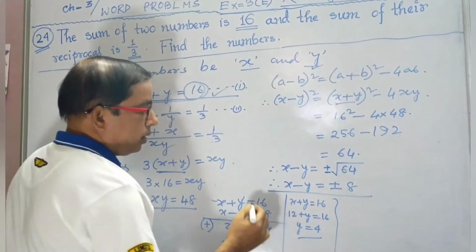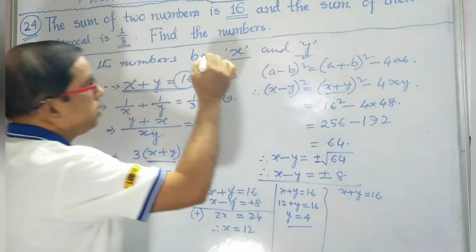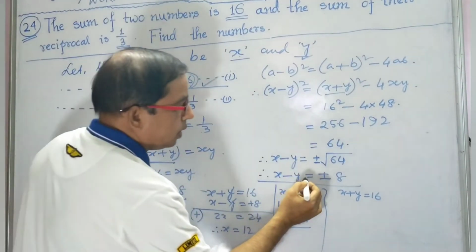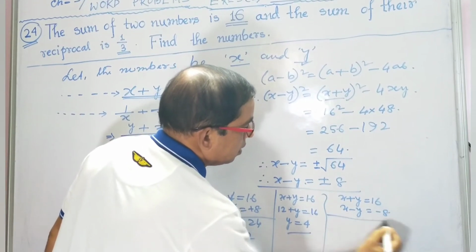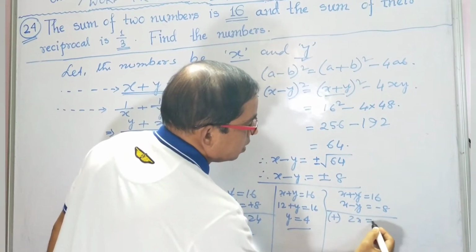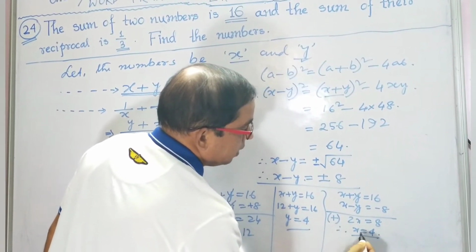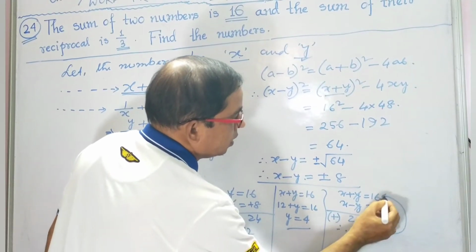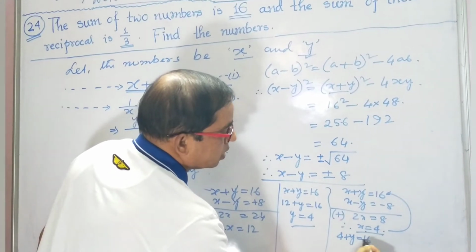But if I do this, x plus y as 16, it is from equation 1. And from here, if I take x minus y as minus 8, so after adding, we will get 2x equal to 8. Then x equal to 4. And if I put this 4 in equation, it becomes 4 plus y equal to 16.